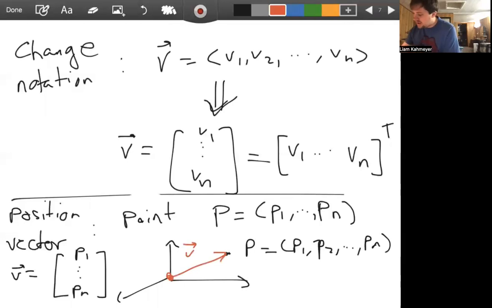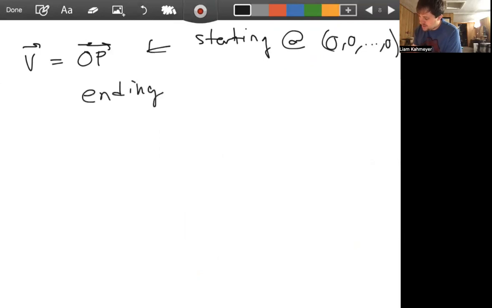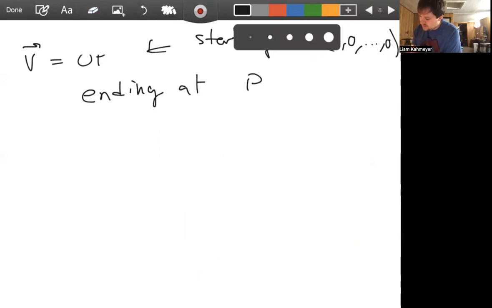Another way you'll see this written to specify where exactly this is at is we'll write this v as the vector from 0 to P. Basically, this is the vector starting at (0, 0, 0) and ending at P, right?